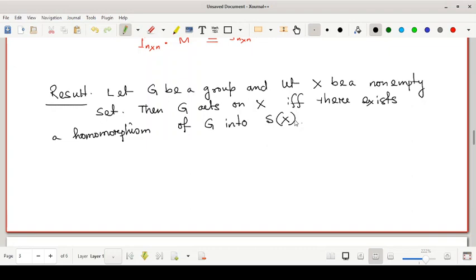So you have two groups now, S_X and G. If there exists a homomorphism from G into S_X, then yes, I can define an action. If there is no homomorphism from G into S_X, I cannot define an action. So this result clearly answers the question, right? And vice versa.